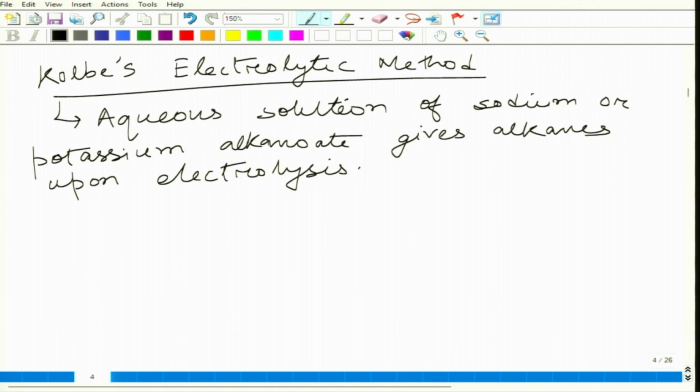Okay. In this case, we will not get one carbon less, we will get the corresponding alkanes only. But this reaction requires some balancing. So, I am writing this in the balanced form first.